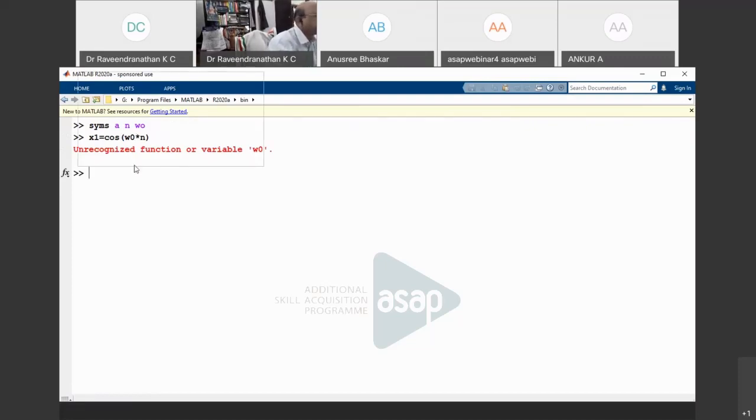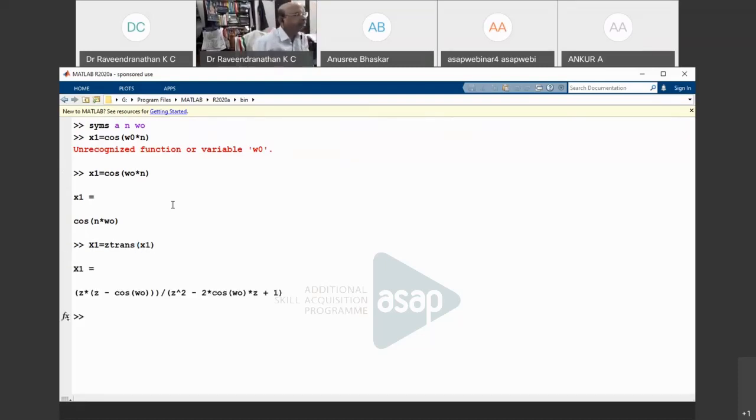There is an error. Yeah. Then we can just type x1 is equal to ztrans of x of n. We simply give this; we have already seen, right?